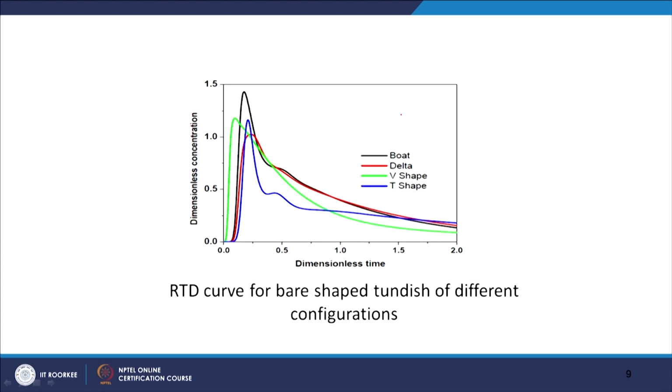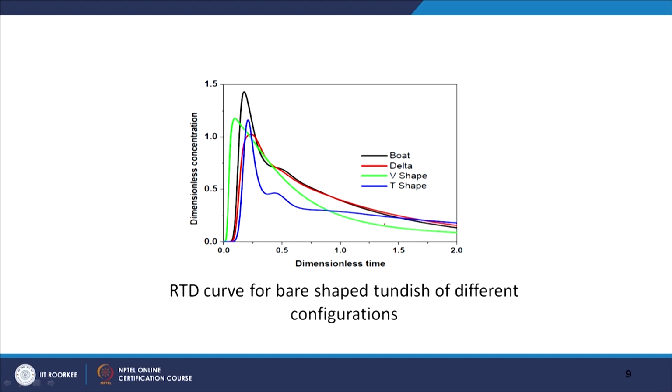The T shape is blue, so it is coming late, its appearance is seen at the outlet in the last, and it also has minimum values up to this region. After that, the concentration value becomes less.